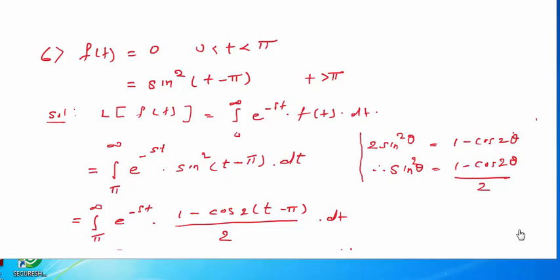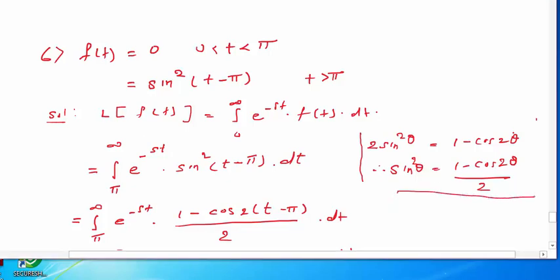Now we know the formula for e raised to minus st, sin t or cos t, but for sin square we have no formula. So first we convert the sin square (t minus pi) to a sin or cos function. We know that 2 sin square theta is 1 minus cos 2 theta, or sin square theta we can say is (1 minus cos 2 theta) upon 2.